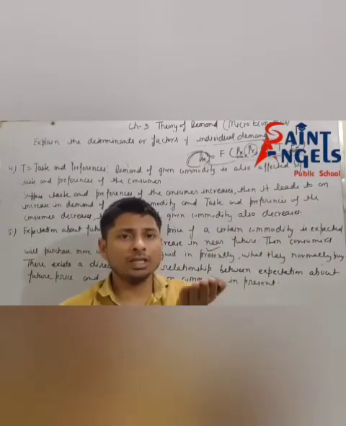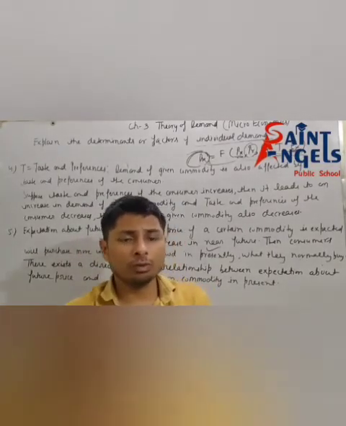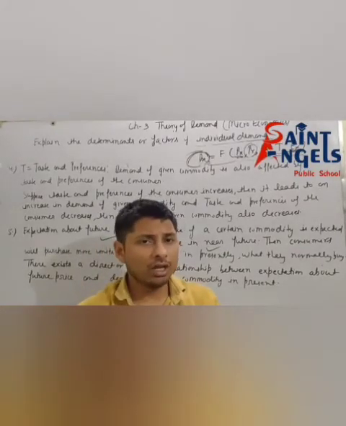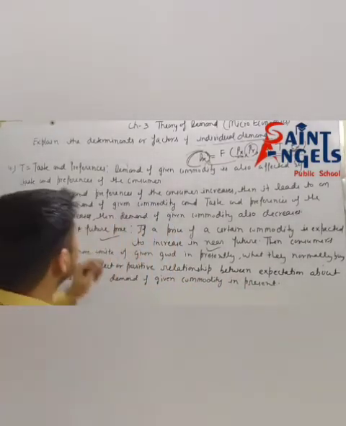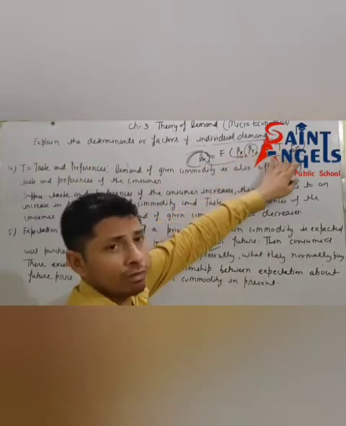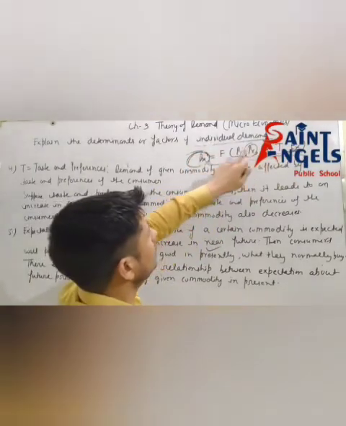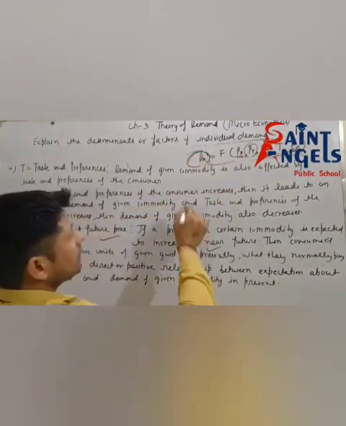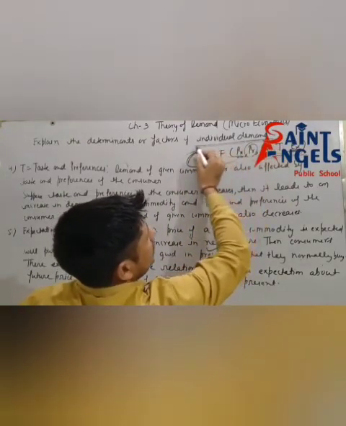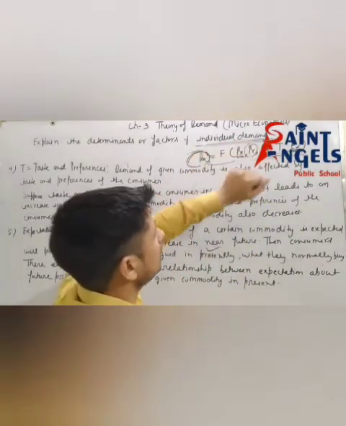Suppose future price increases, present demand will increase. Suppose future price decreases, present demand will decrease. I hope all of you have understood how many factors there are: five factors of individual demand which are affecting individual demand.